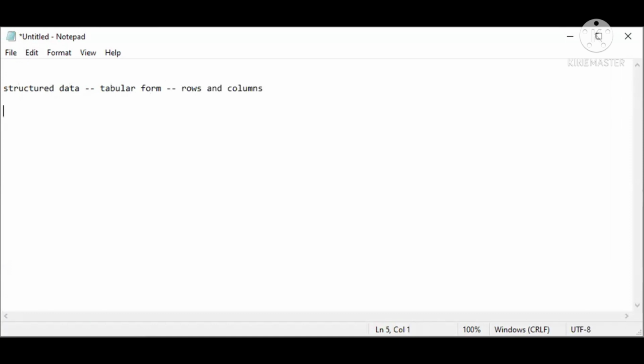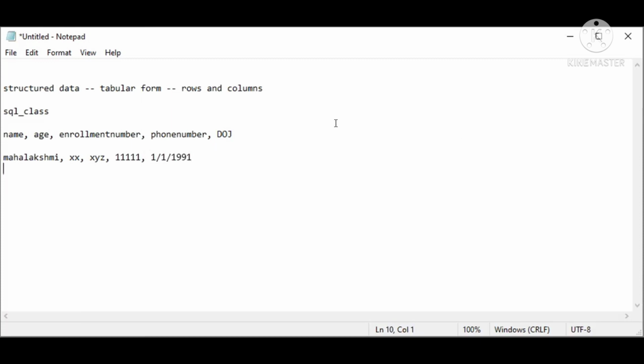So let's say we have this table SQL class, and we have columns like name, age, enrollment number, phone number, and date of joining, let's say, right? So we can have one entry for Mahalakshmi, age is something XX, enrollment number XYZ, some number, phone number is some number, and date of birth like 1/1/1991. Similarly, we will have records for all other students.